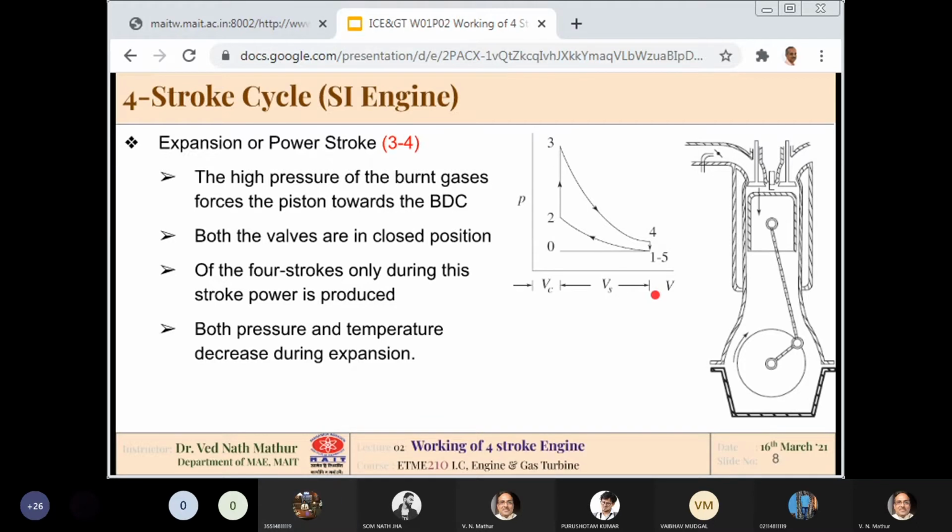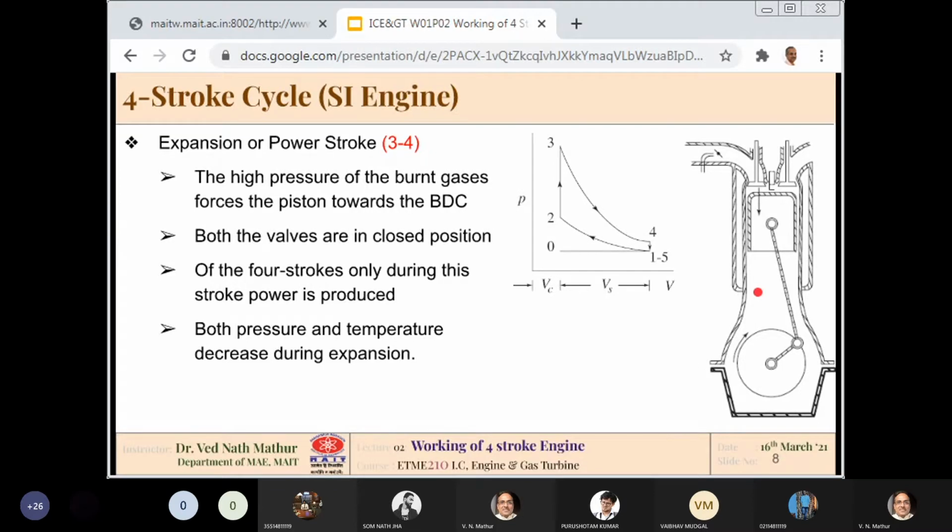So what happens in the actual cycle? Actually, the combustion needs some time. You cannot say within a fraction of a second, not even a millisecond, micro or nanoseconds, when the piston is moving with a very high speed. If you do some calculation, if the RPM of the engine is 600, then probably one cycle takes place in say 12 or 15 milliseconds.